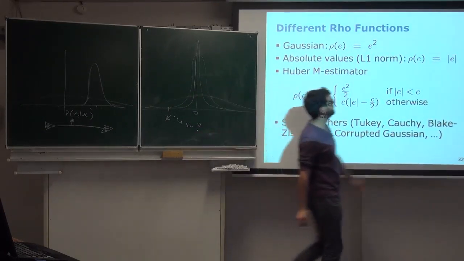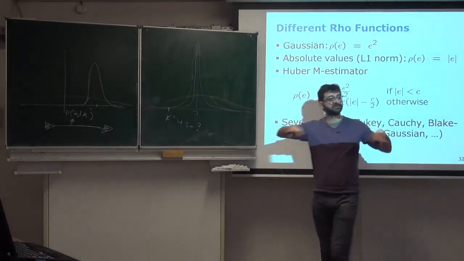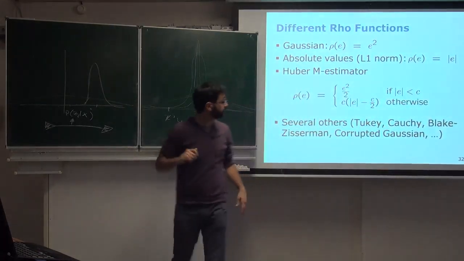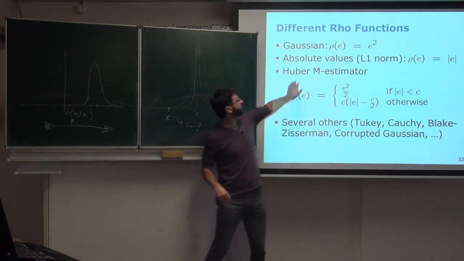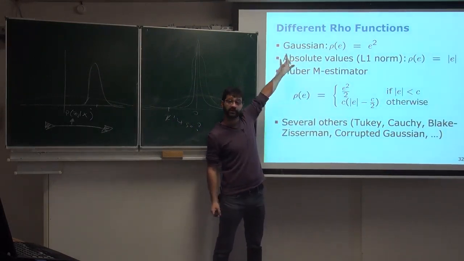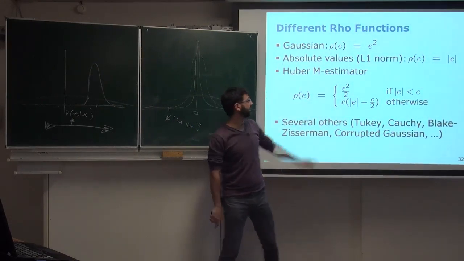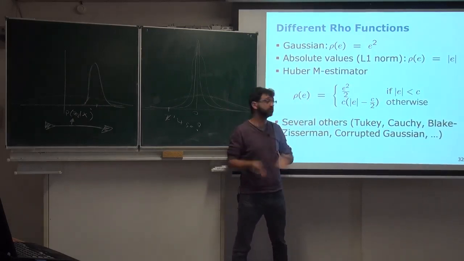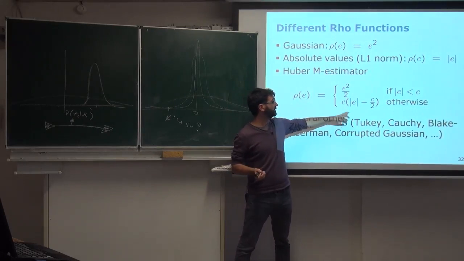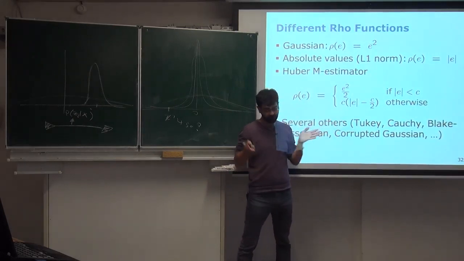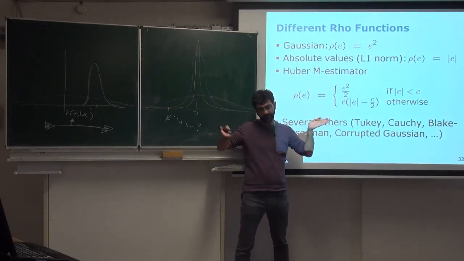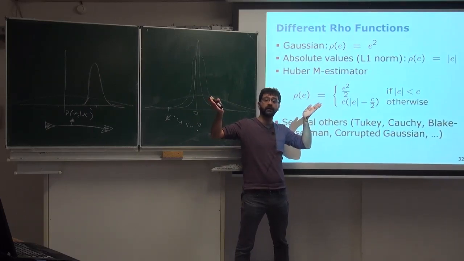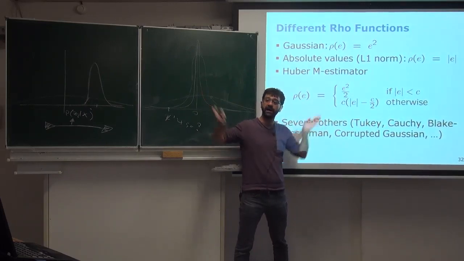And this is actually equivalent to having a Laplace distribution as your error term. You can have what's called the Huber M estimator, which is a combination between the two. In the middle it behaves like a Gaussian distribution or a squared error, and then it behaves like a Laplacian distribution or an L1 norm after that.